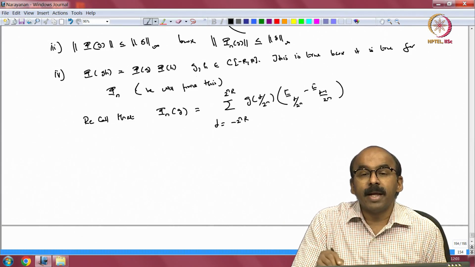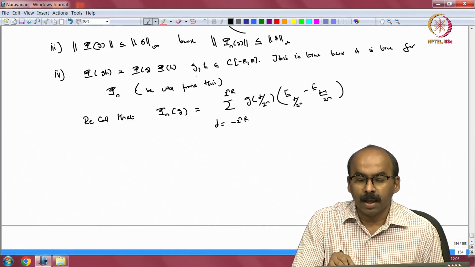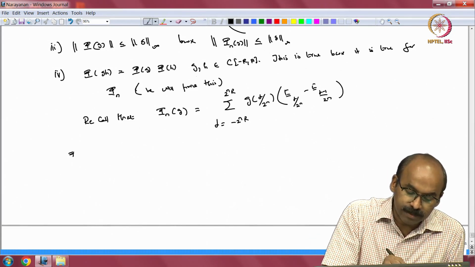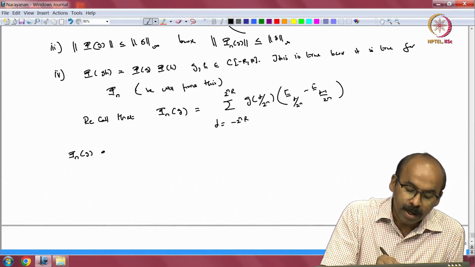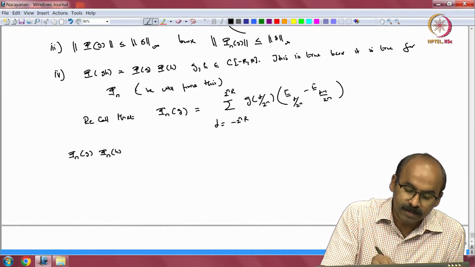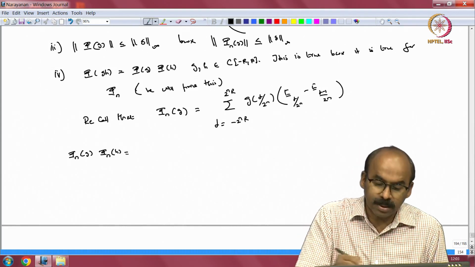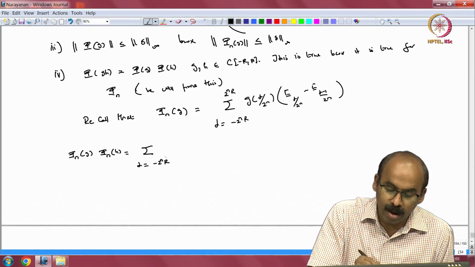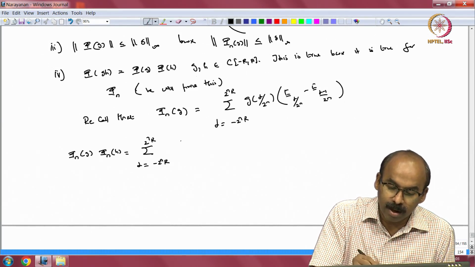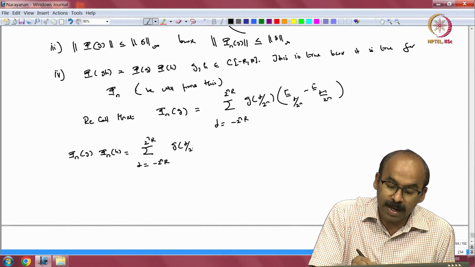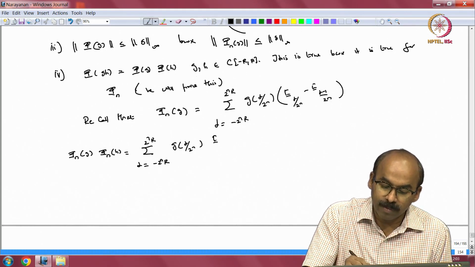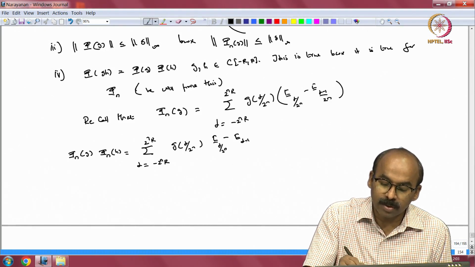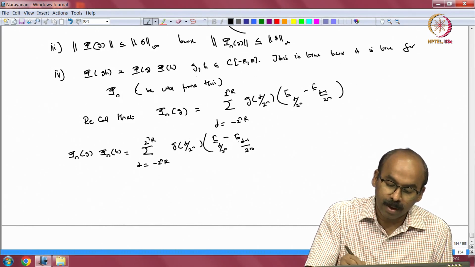Phi n h is going to be an expression of the same kind, okay. What will happen if I multiply them? Okay. So, look at phi n G times phi n h, okay. So, these two expressions, so let me quickly write them, j equal to minus 2 to the n r to 2 to the n r, both are at the nth level, okay. So, E j by 2 to the n minus E j minus 1 by 2 to the n, okay.